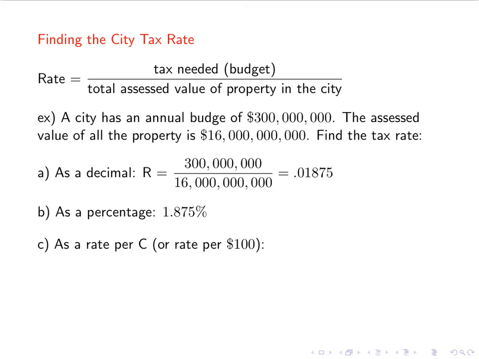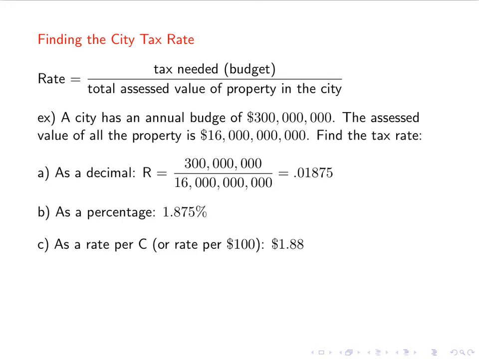The next way that we write a property tax rate is rate per C, and that's also considered a rate per $100. So again, C is 100. It's cent, it's centi, it's century, it's the Roman numeral for 100. You call 100 a C note, right? So C means 100.